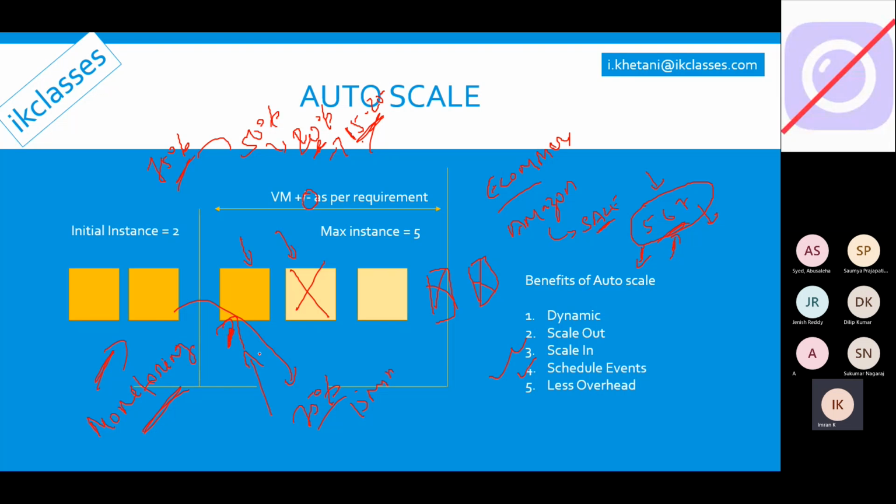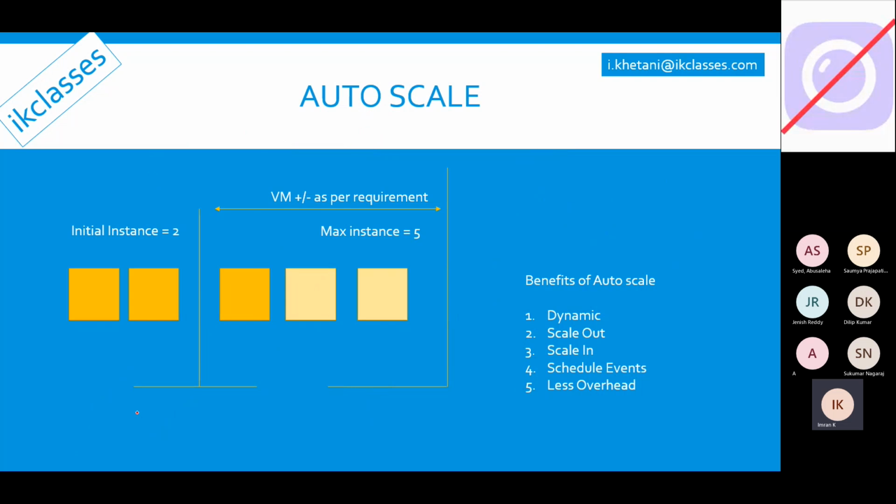If you don't want this, you can use auto scale, and you don't need this team, because Azure is monitoring on your behalf. So these are the benefits of using auto scale.